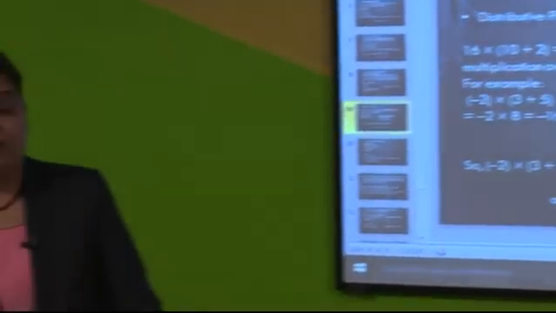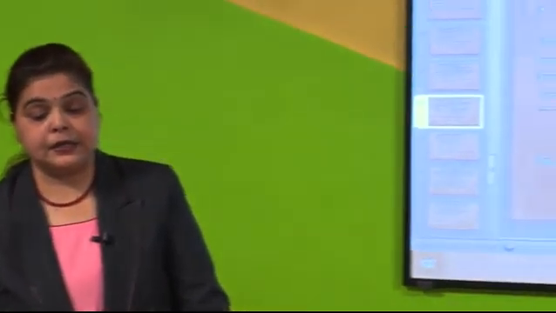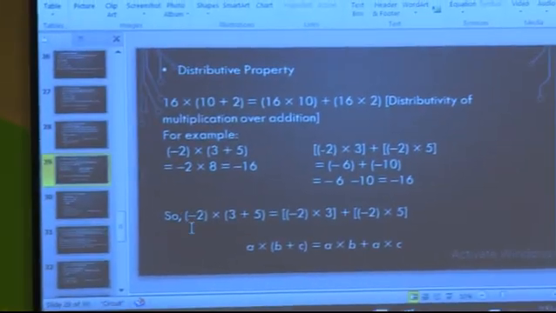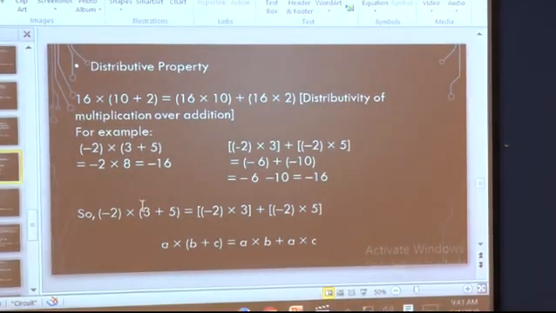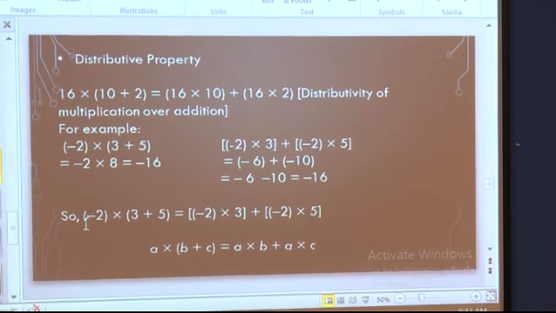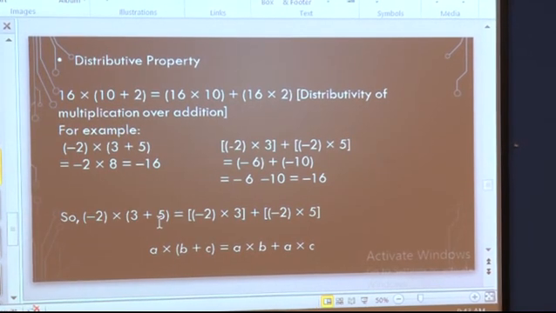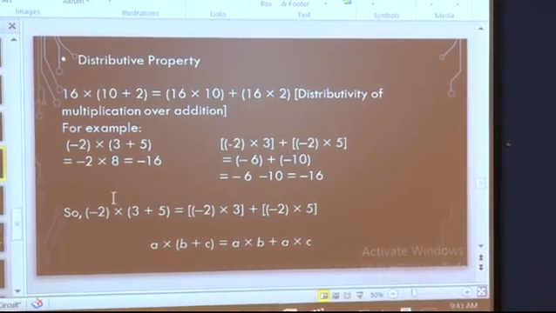You know very well, when it is two negative integers, we have to add them and write a negative sign. So 10 plus 6 is equal to 16 and it is a minus, so we write minus 16. So we can say that -2 multiplied to 3 and -2 multiplied to 5, this is nothing but the distributive property.